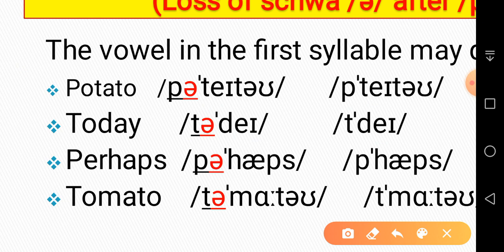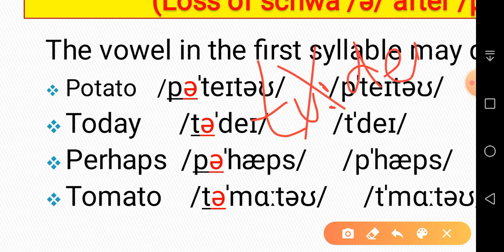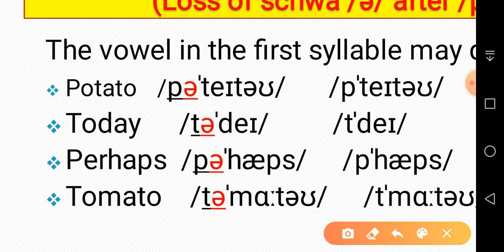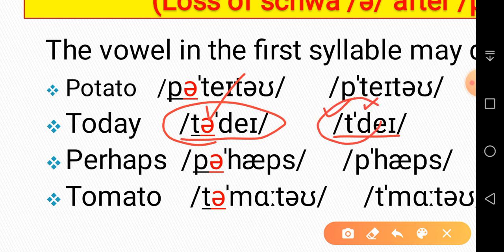Usually our learners say it with a kind of long vowel sound, and it is not acceptable. So this is not allowed. Even this is the actual transcription, but practically even this goes away, and we say today, as if t and d are together.